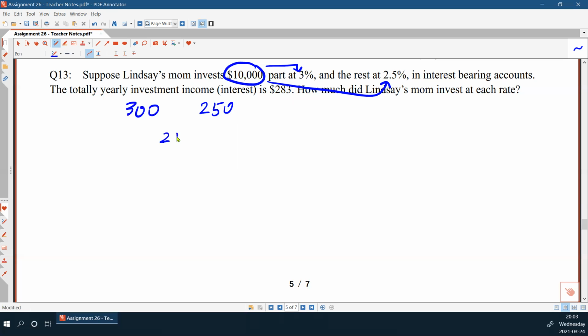So she gets 283, which is an amount in between these two values, right? So we want to know how much she invested at 3% and how much she invested at 2.5%, right? These are the two unknown quantities.